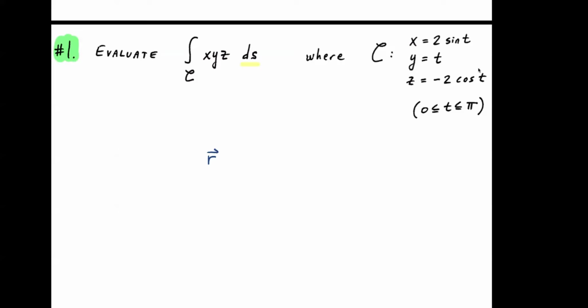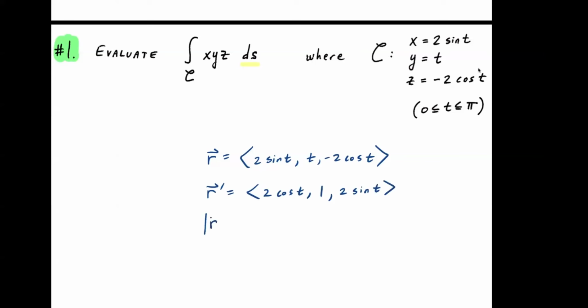So let's write r is equal to 2 sine t, t, and minus 2 cosine t. This curve, by the way, is a helix. Taking a derivative, we get r prime is 2 cosine t, 1, and 2 sine t.